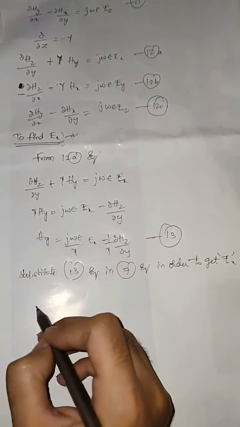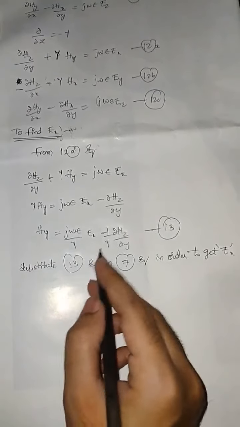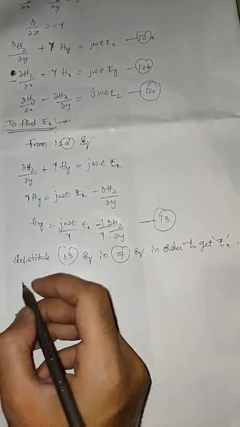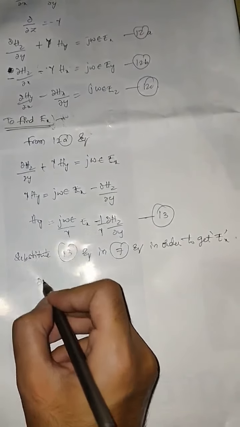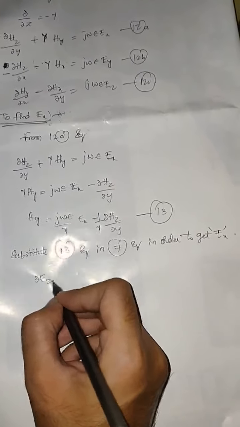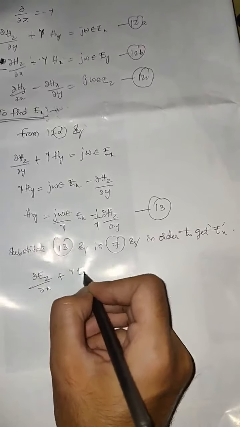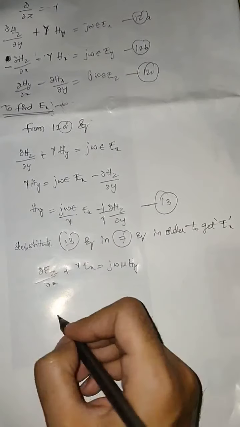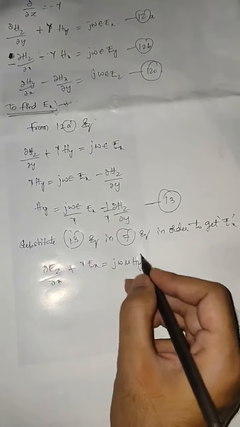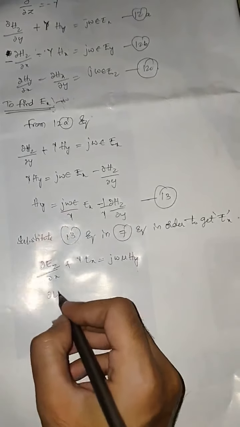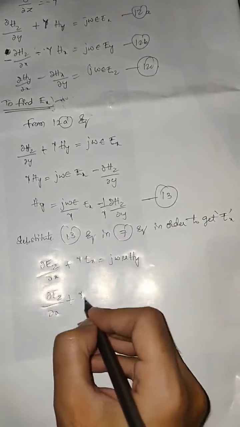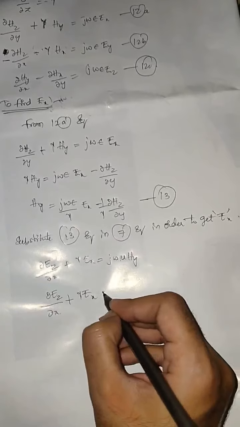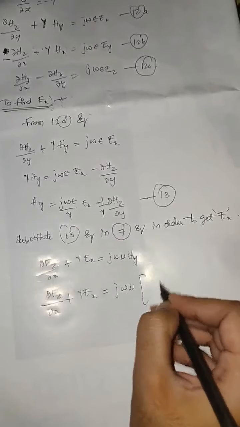First we want to derive the Ex value, so for that we have determined the Hy value. That Hy value is substituted in the 7th equation. Now I am writing the 7th equation here again. So ∂Ez/∂x plus gamma Ex is equal to jωμ Hy. So this is the 7th equation. In this 7th equation, you need to substitute this Hy value here.